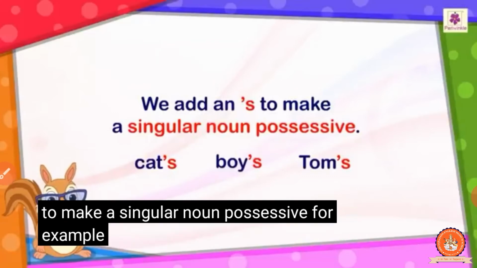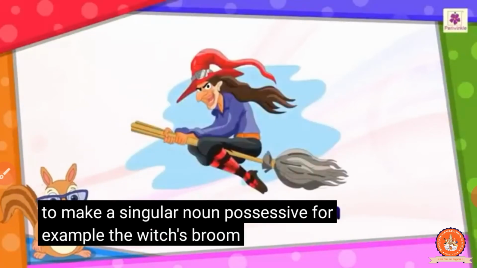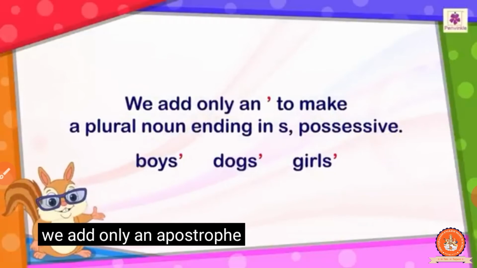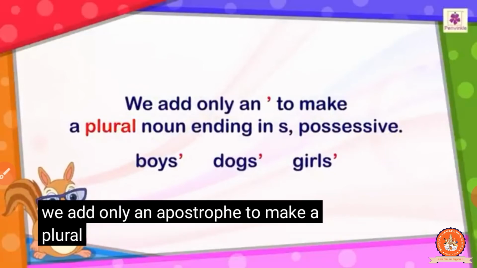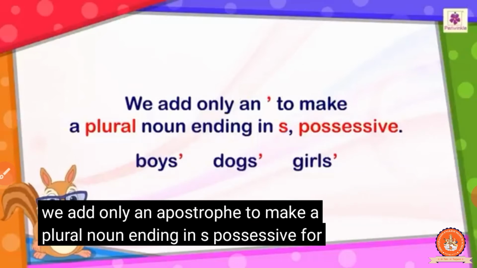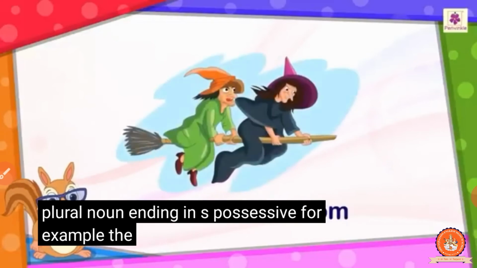For example, the witch's broom. We add only an apostrophe to make a plural noun ending in S possessive. For example, the witches' broom.